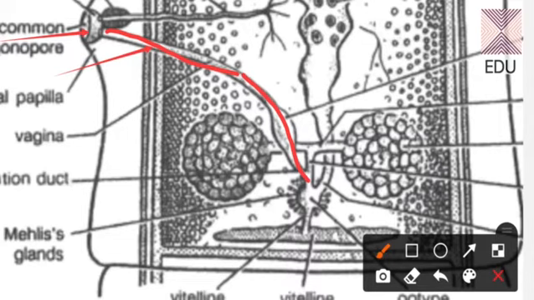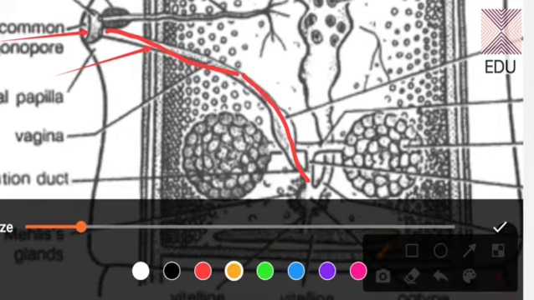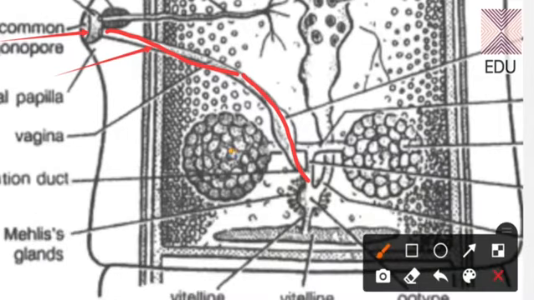Now the oviduct is carrying the ova from both the sides, and these ova are coming down, and in the oviduct we have the process of fertilization. So in the oviduct itself, the fertilization occurs.